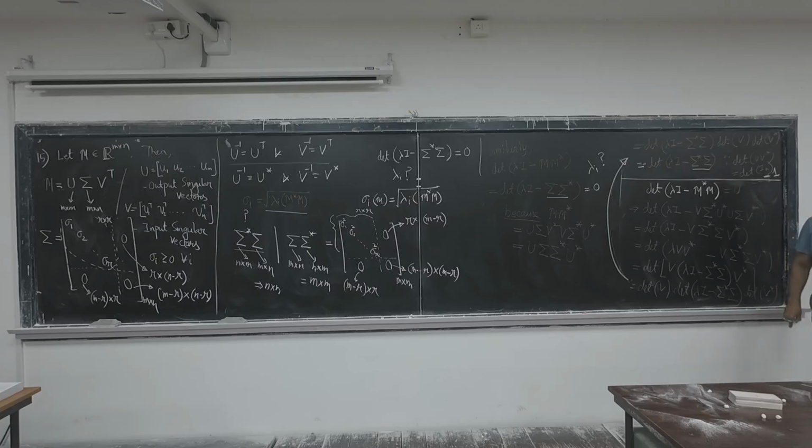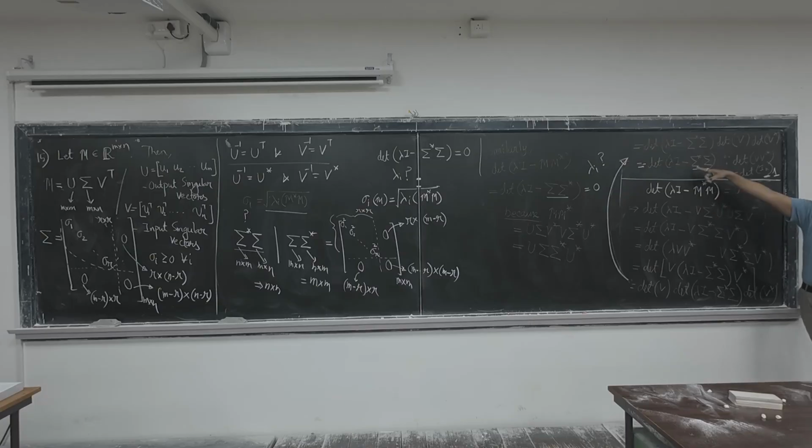So sigma star into sigma will give you the square of the singular values, right? And ultimately, when you are finding the lambda, they are nothing but the eigenvalues of M star M, right?